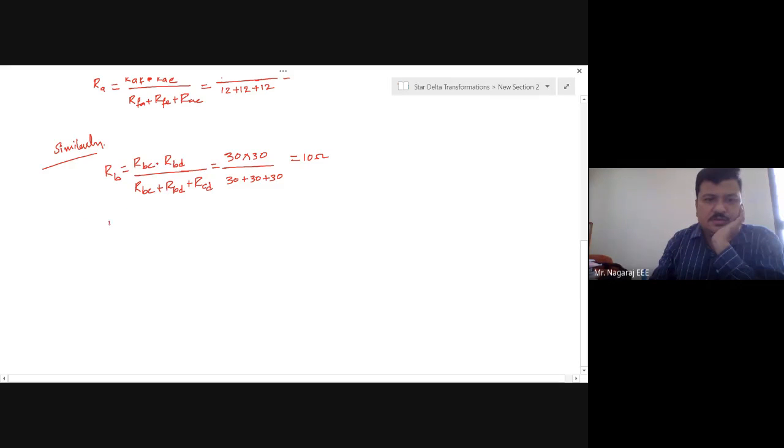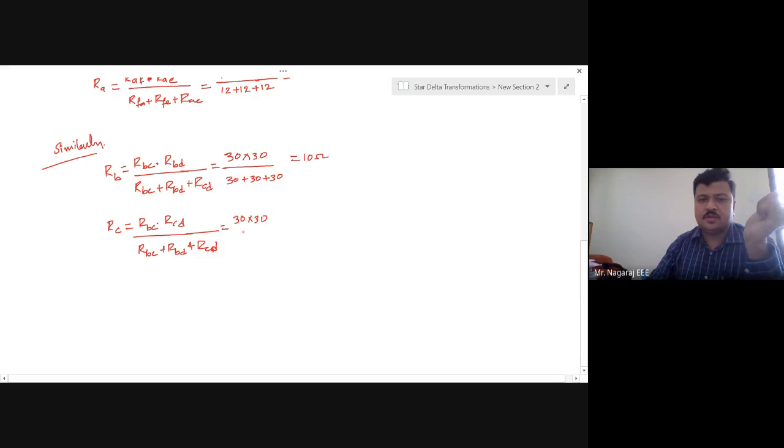Then RC is equal to RBC into RCD divided by RBC plus RBD plus RCD. The value will remain the same. It is 30 into 30 divided by 30 plus 30 plus 30, 10 ohms.